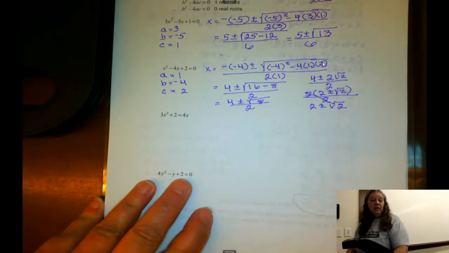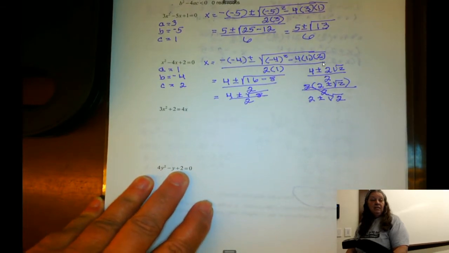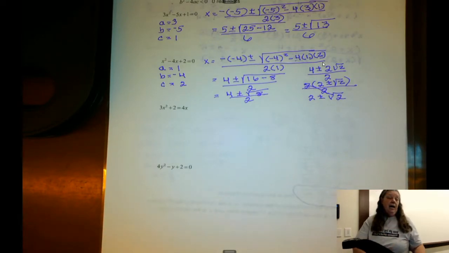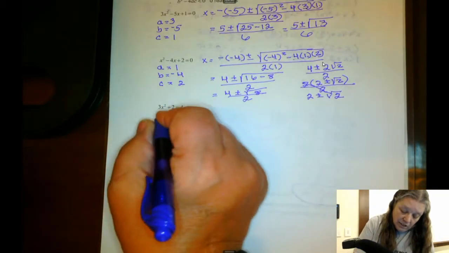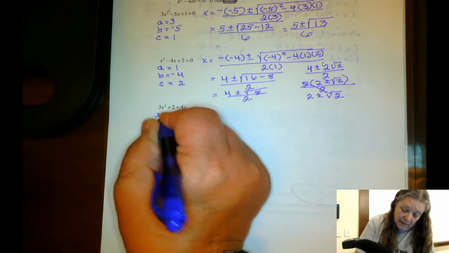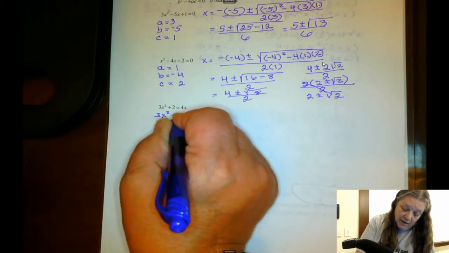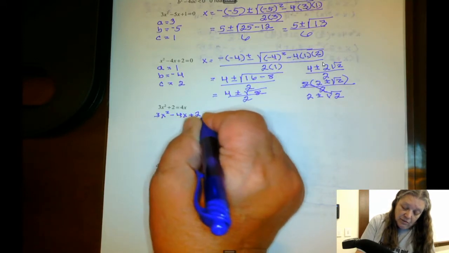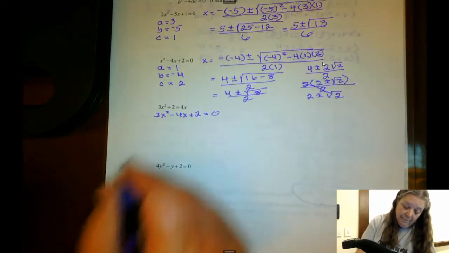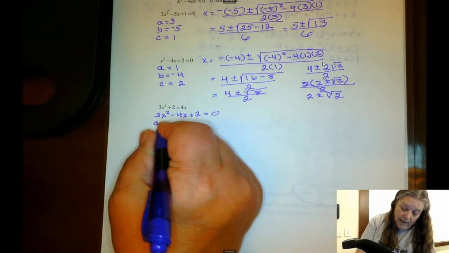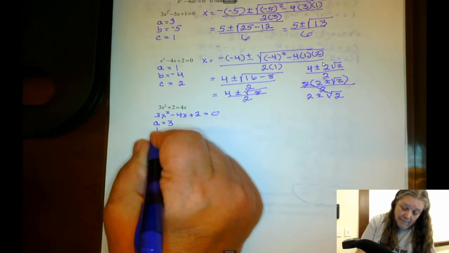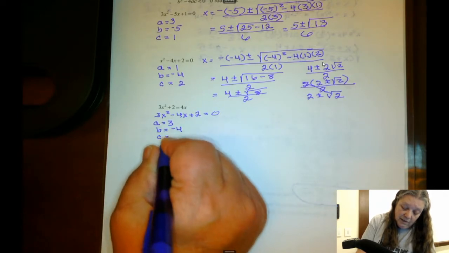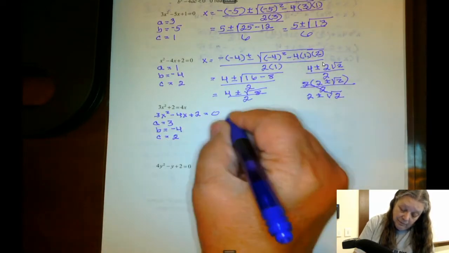Now in the next one, it's the same thing, except now it's not set equal to 0. We need to move the 4x to the left side, so we're going to subtract it. That gives us 3x squared minus 4x plus 2 equals 0. A is 3, B is negative 4, C is 2.